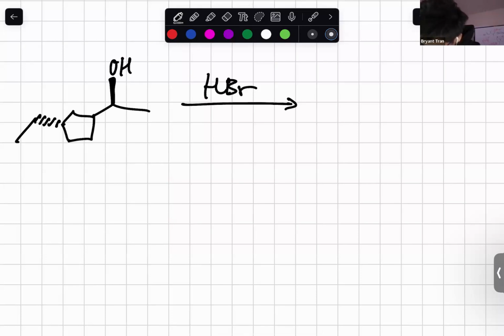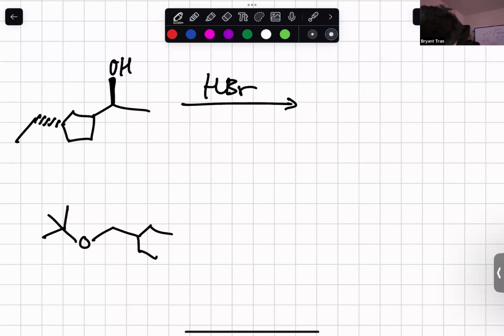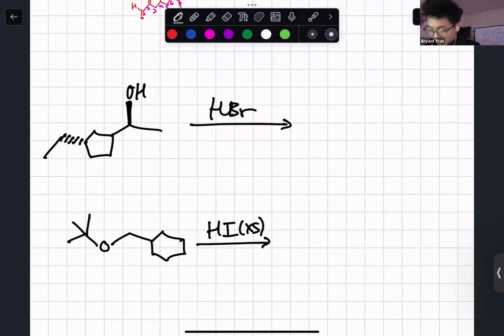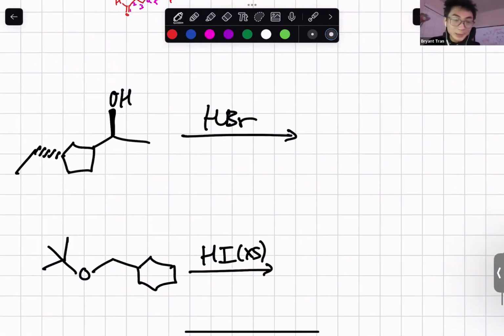And for ethers, let's do this reaction with excess HI. Okay, try these two reactions out, Madison, and I'll check your answer at the end. Draw the mechanism out and predict the product as well.